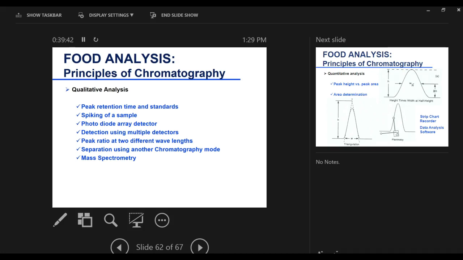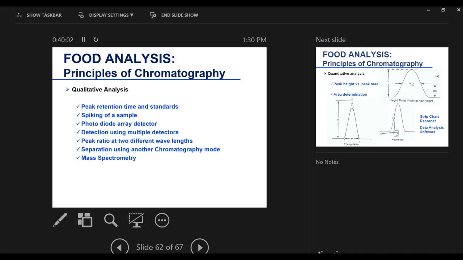Then you would have a unique spectrum that gives you the absorption over the range of wavelengths. Like here it doesn't absorb, no absorption, and here we have an absorption. And this is lambda max.